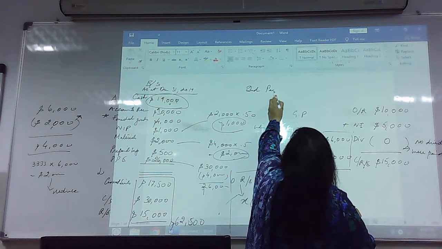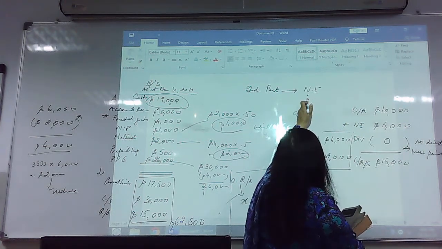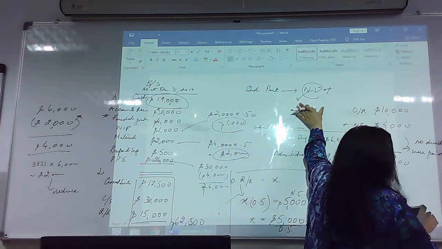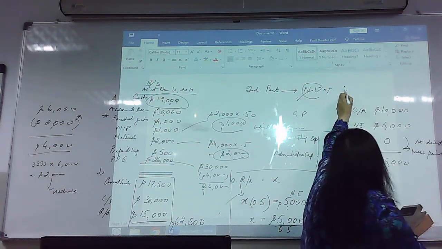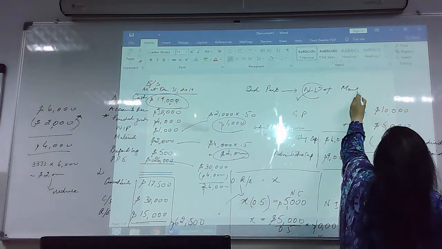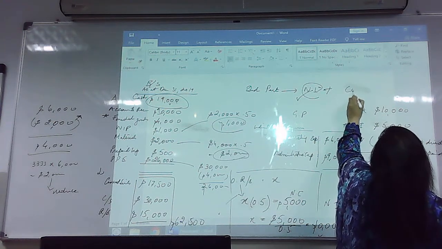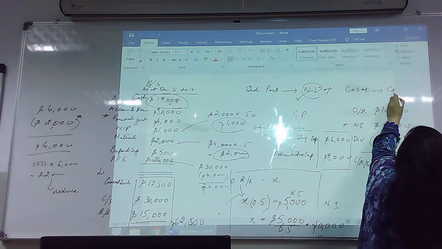The second part is about net income. I have done that part, but you need to find out the manufacturing cost, the COGM basically, leading to COGS.